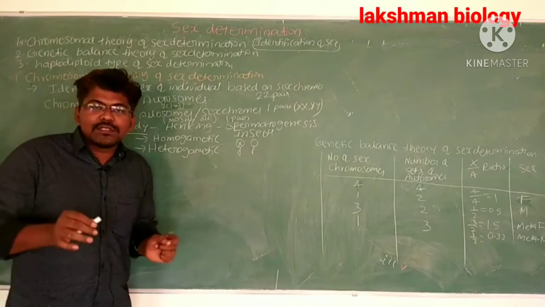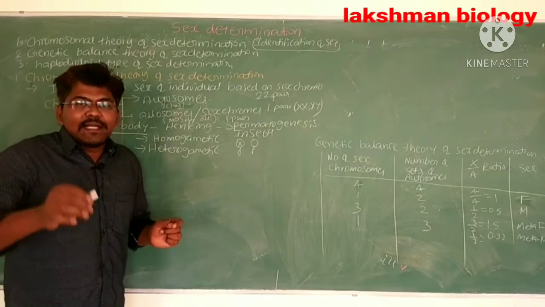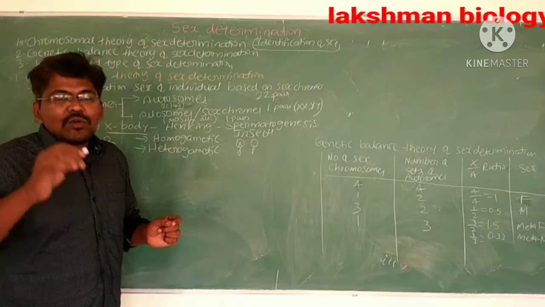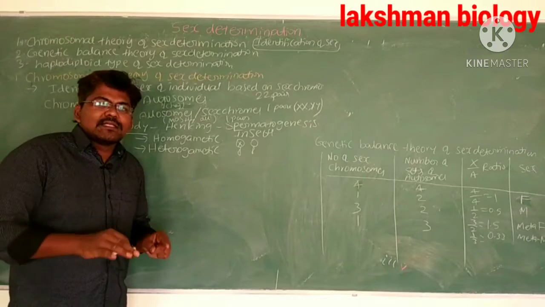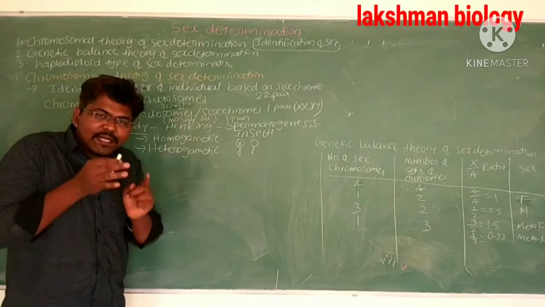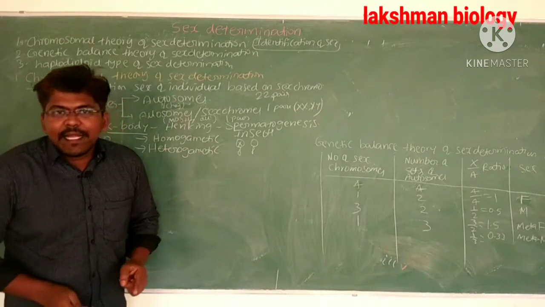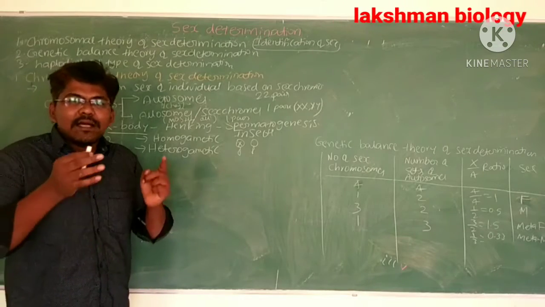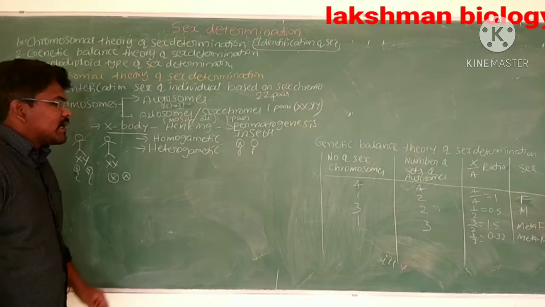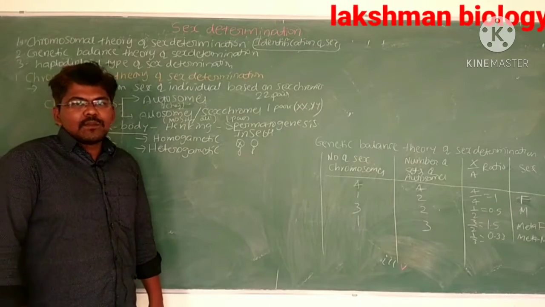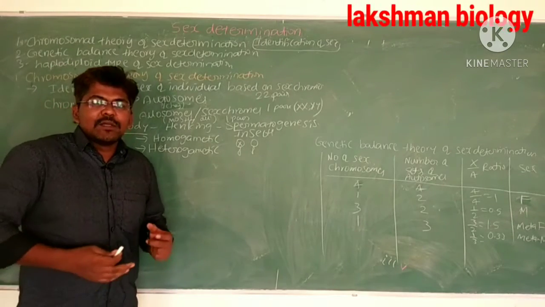The organism which produces different gametes is called a heterogamatic organism, and the different gametes it produces are called heterogametes.